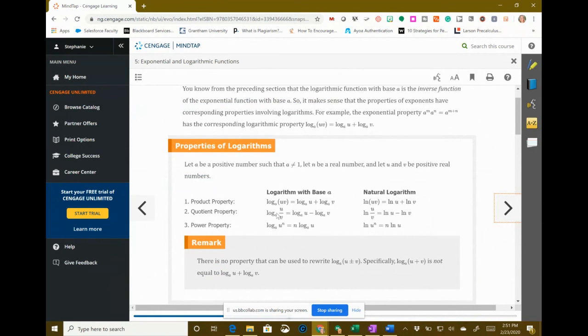The quotient property is where you have division, and you turn it into subtraction. So when you are expanding, it's taking something on the left here and making it longer by moving it to the right. If you're condensing, you're taking something from the right side and turning it into something on the left. So you're going from one side to the other.